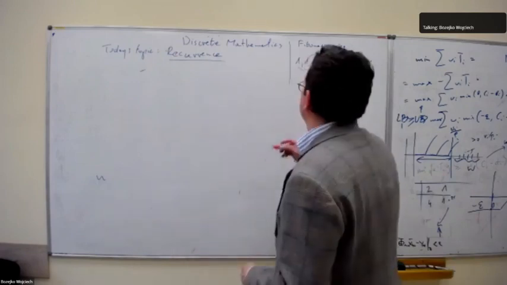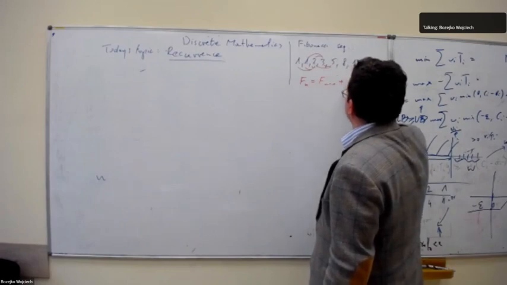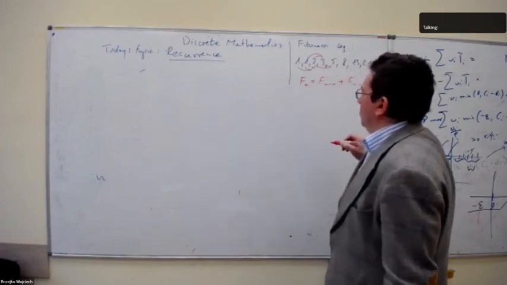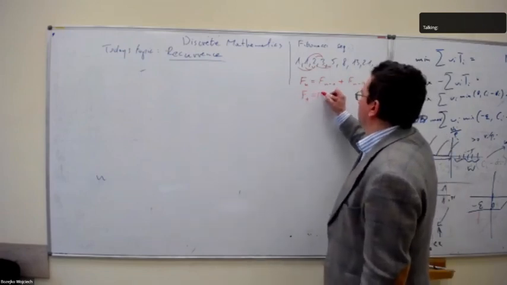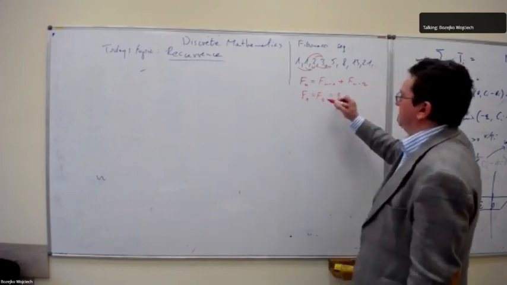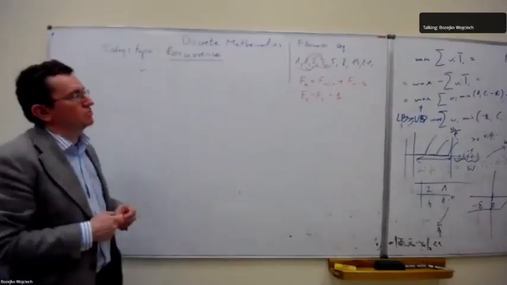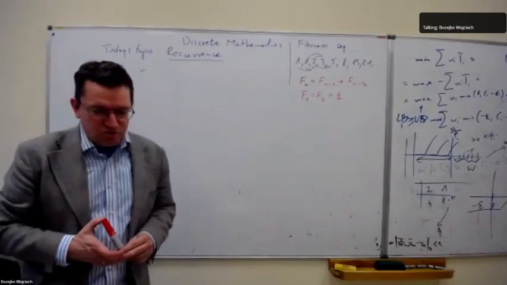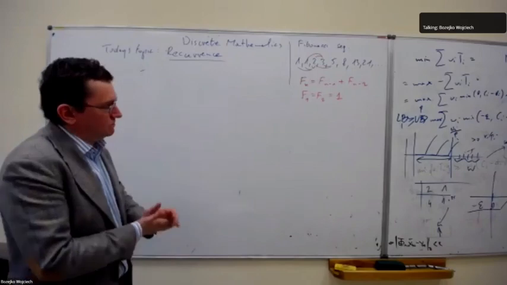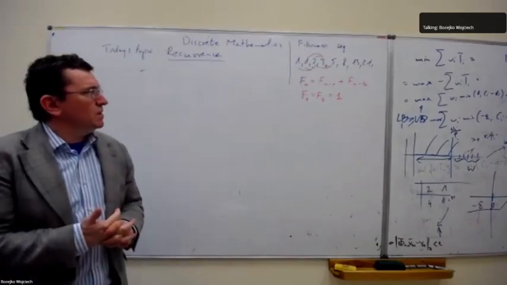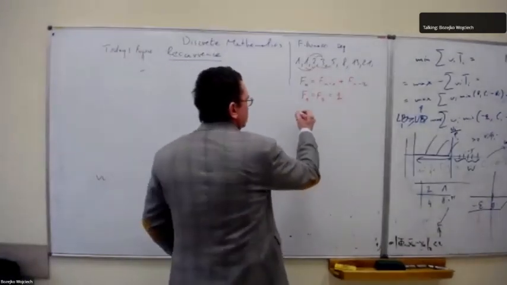So we can write this sequence as Fn equals Fn minus 1 plus Fn minus 2. Of course, we should have the starting values, so we write F1 and F2 are 1, and next we can describe it just as the sum of the previous two. This is very useful and easy to describe. But the question is, what is the nth element?